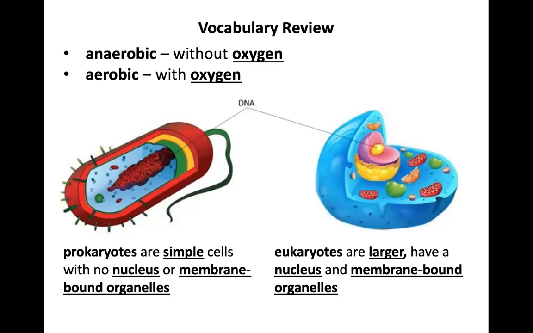Also, we know that eukaryotes are much larger and very, very complex, whereas a prokaryote is much smaller and much more simple. So this is comparing our bacterial cell to a plant or animal cell.